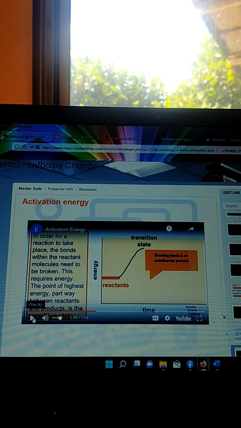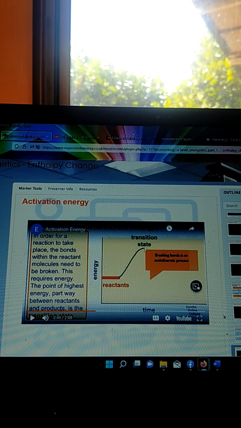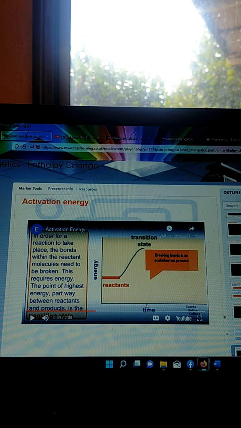But symbolically, what we're doing is we are saying this would be the theoretical enthalpy of all of the reactions if they were all broken simultaneously, at this point in time.